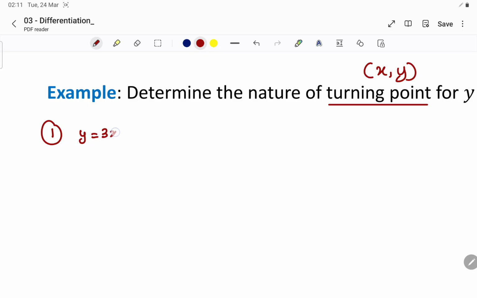This is how to find the turning point. I think I have to write "find turning point", because right now they don't give you the turning point. So the first step is to differentiate one time. We have y equal to 3x squared plus 3x minus 5.